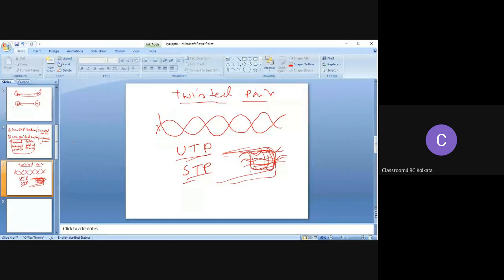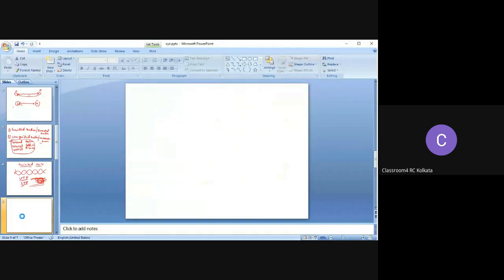Next is coaxial cable. What is coaxial cable? A coaxial cable consists of an inner conductor, the central carrier wire, and an outer conductor.